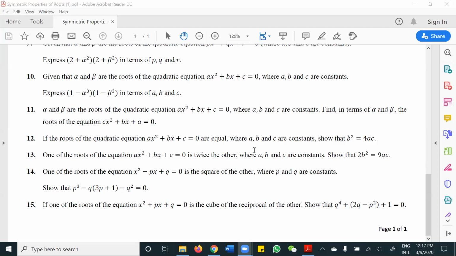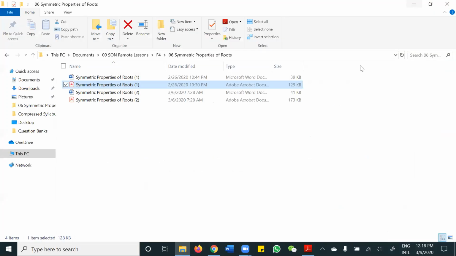Or maybe I can reduce the questions so we can focus properly. So after question 9, you could do 11 like I said, then instead of 12 to 15, you could do question 13, and then question 15. So I write that on the board. 9, 11, 13, and 15.